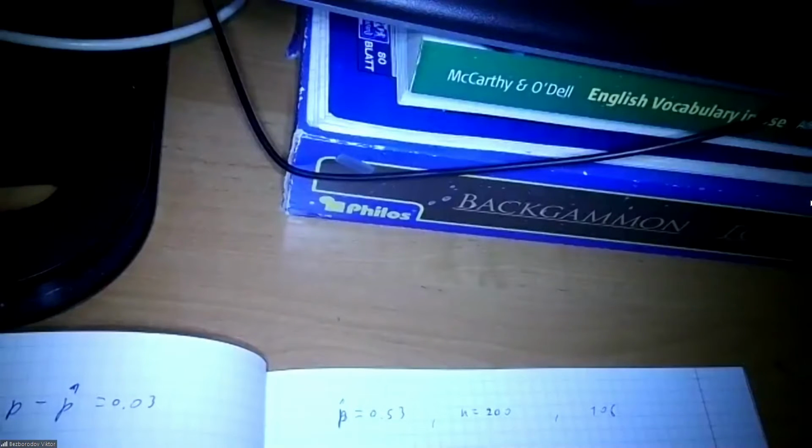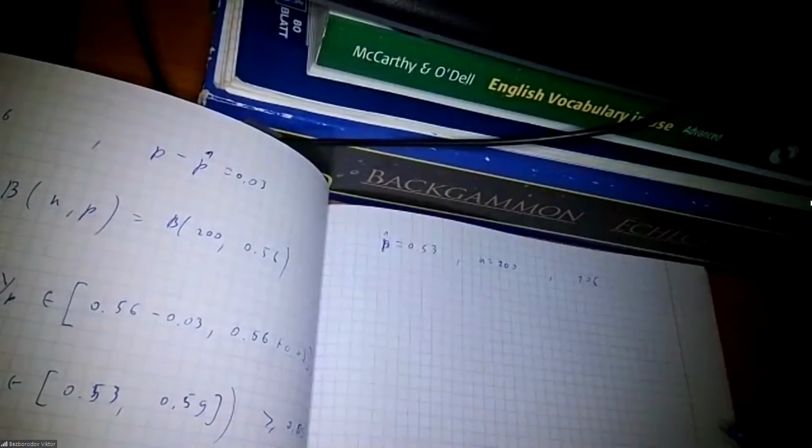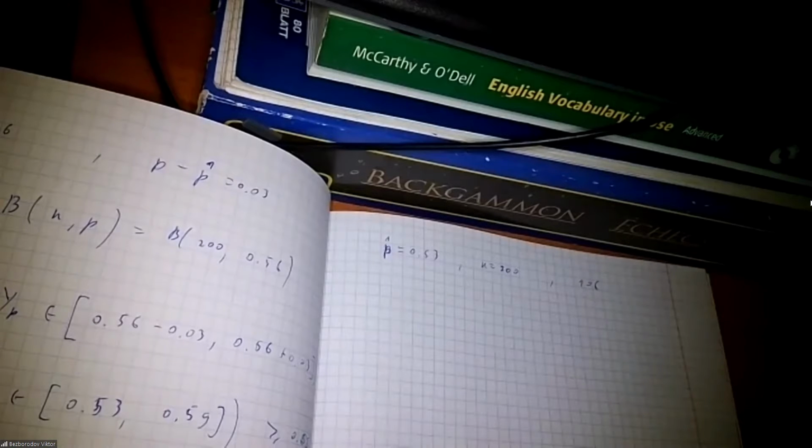So remember, we had N equals 200, and the outcome was we had 106 successes. That was the first example we considered today.